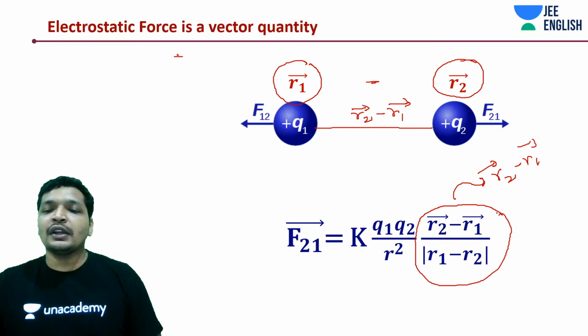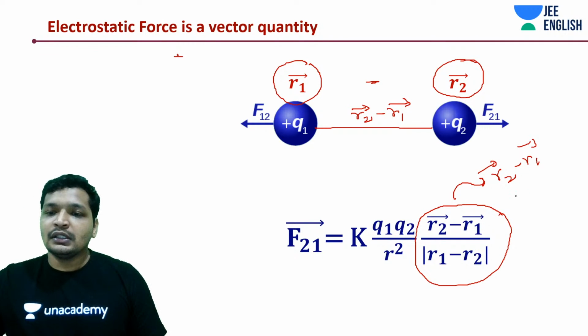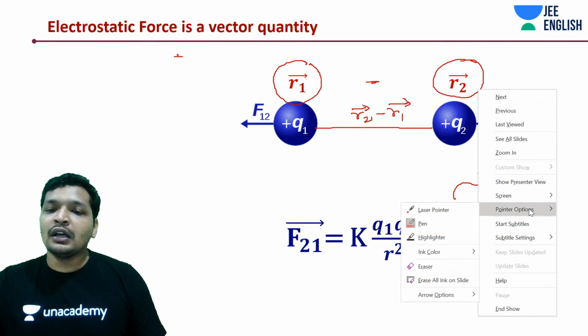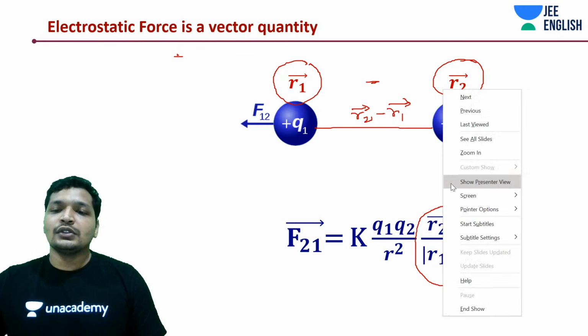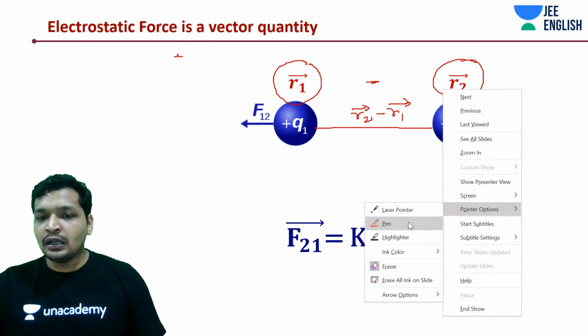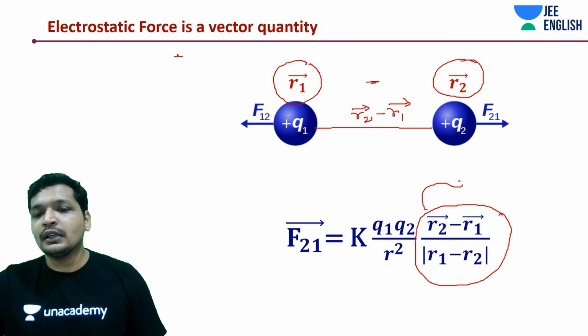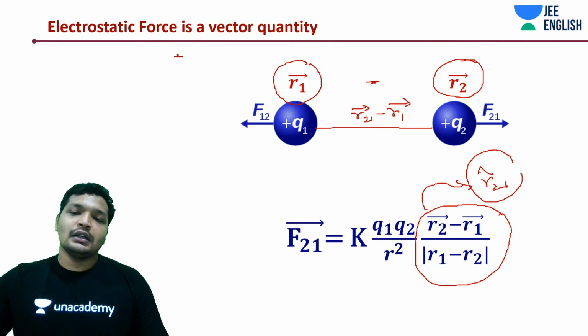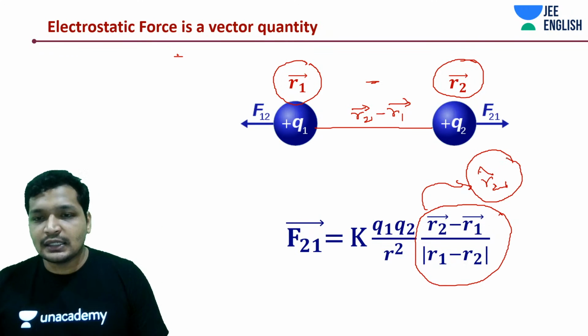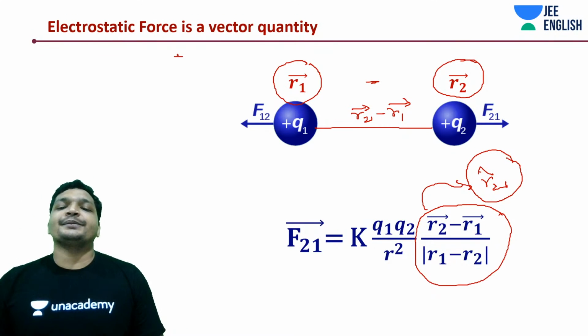So that is going to give you a unit vector, right? This is going to give you the unit vector R21 cap. All right, guys, that is it. Really simple.